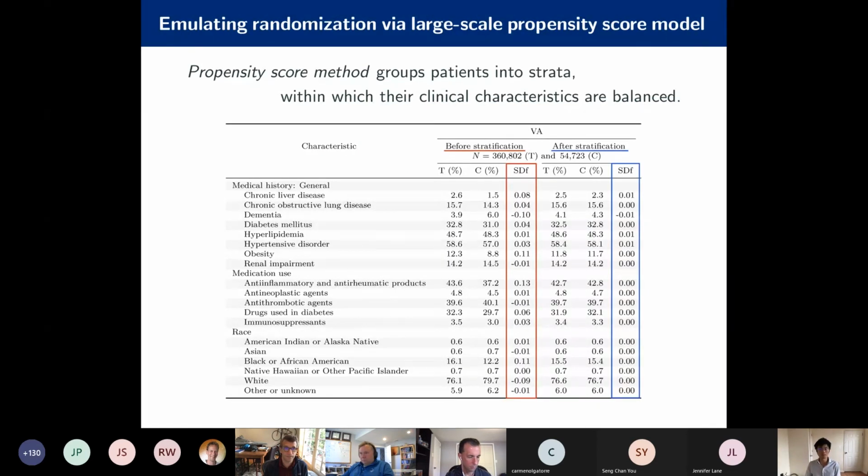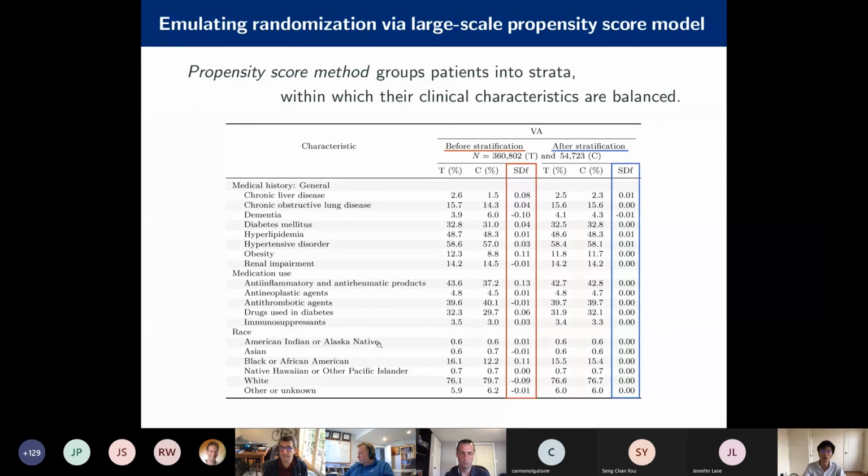And of course, OHDSI studies include many state-of-the-art statistical techniques that have been implemented in the HADES packages. So for example, in order to account for the difference in the baseline characteristics between the target and comparator group, we use the propensity score method, which groups patients into strata within which their clinical characteristics are balanced.